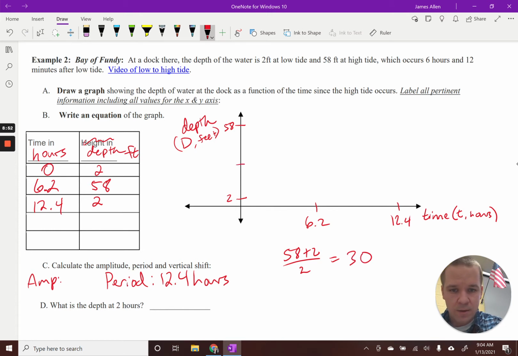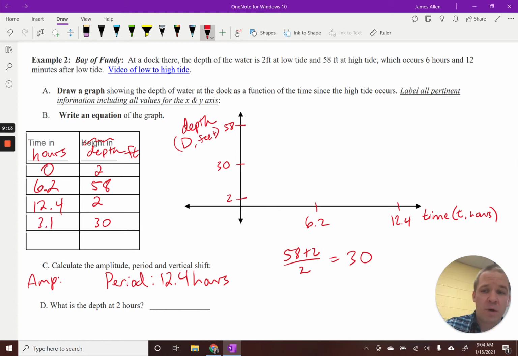So that will be my midline there, right? That'd be maybe another point that we could jot down here. 30 would be in the middle there. I think that might be kind of helpful. When would that be occurring? That would make sense to be occurring halfway between 0 and 6.2, which would be 3.1.